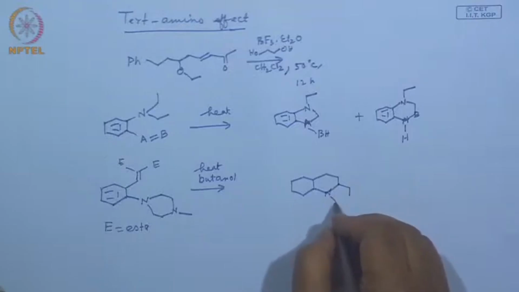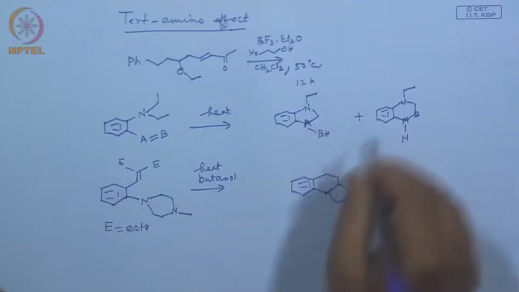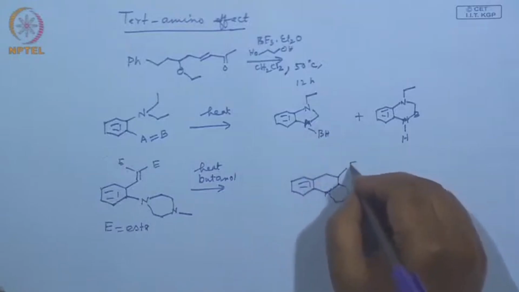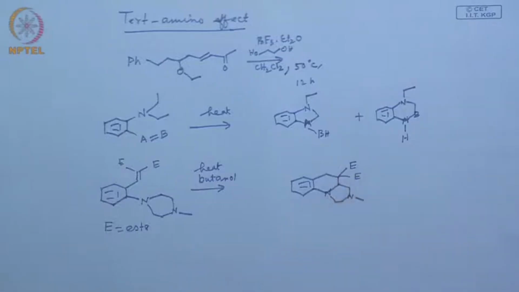and the structures could be written quite easily if you follow these common reactions given on the top, and here is E and here is E. So, what is the mechanism? I can just write it in simplified terms.